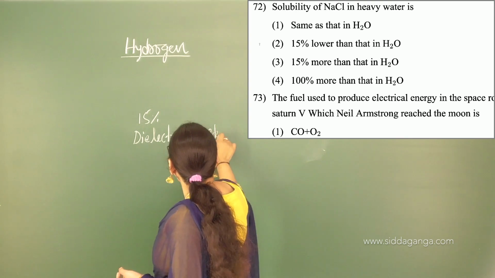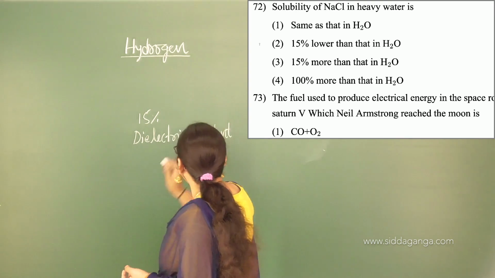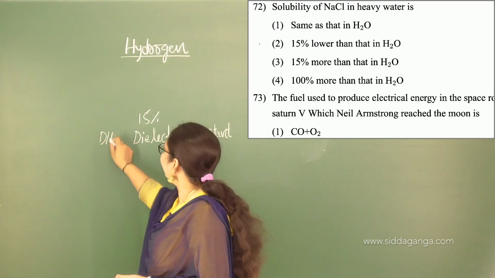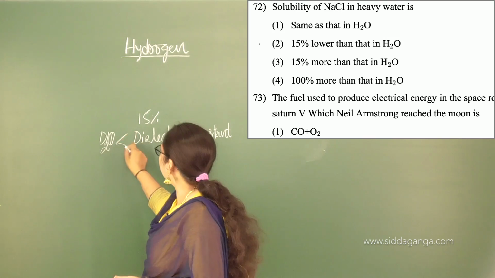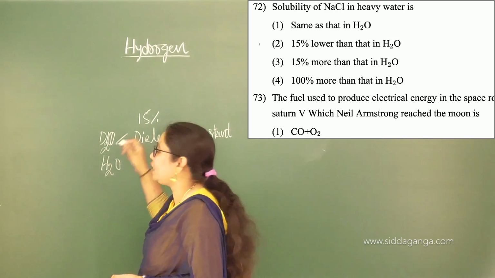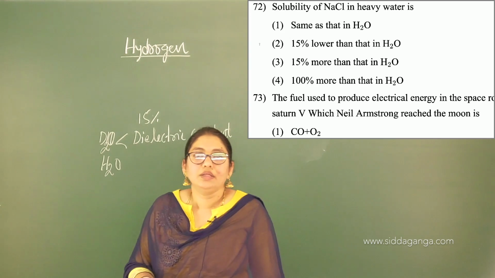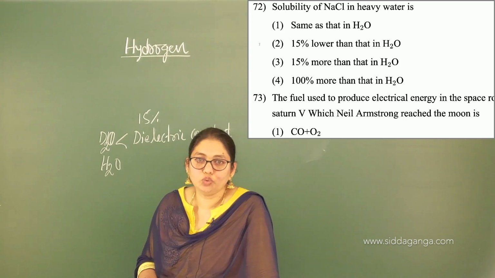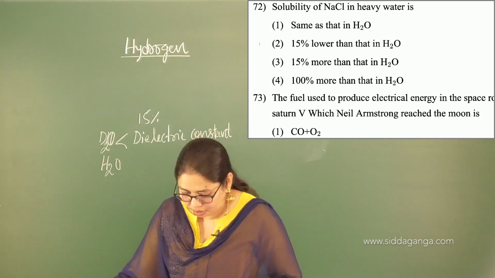The solubility of a compound depends on the dielectric constant of that particular solvent. Here heavy water has a lesser dielectric constant than water, so its solubility is lesser than in the case of water. So option B, or 2, is the answer. We move on to the next one.